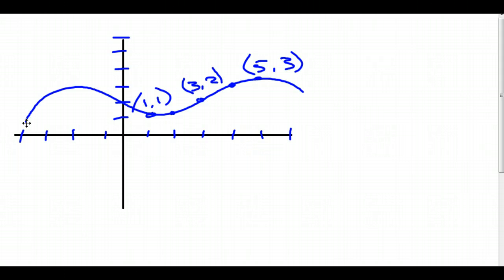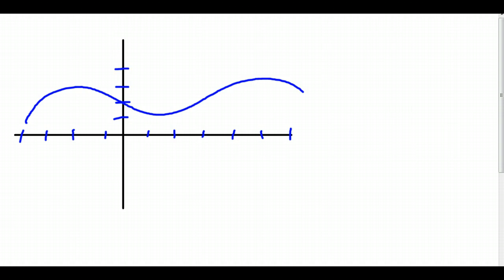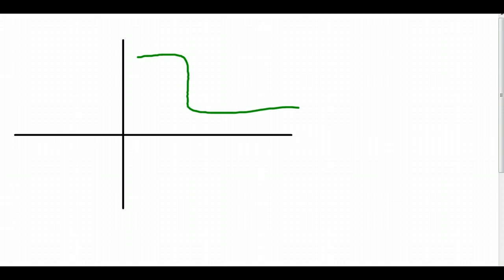If I were to graph those 3 points, they would all be at x equals 1.